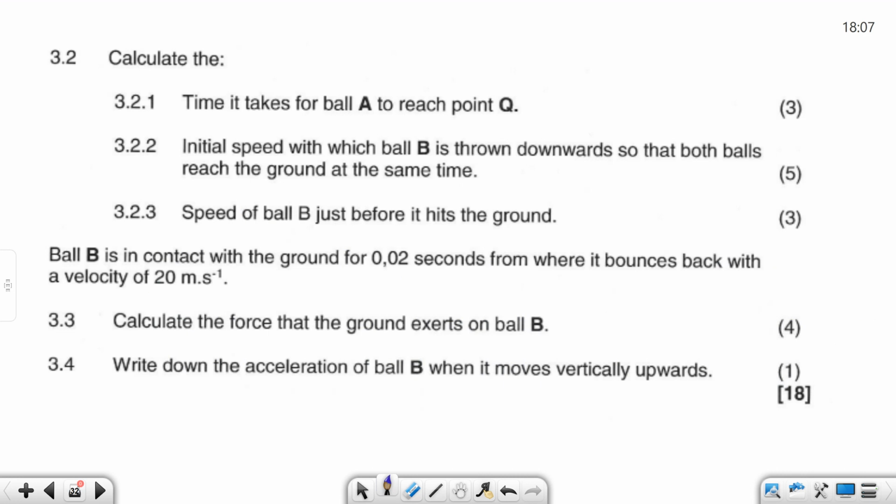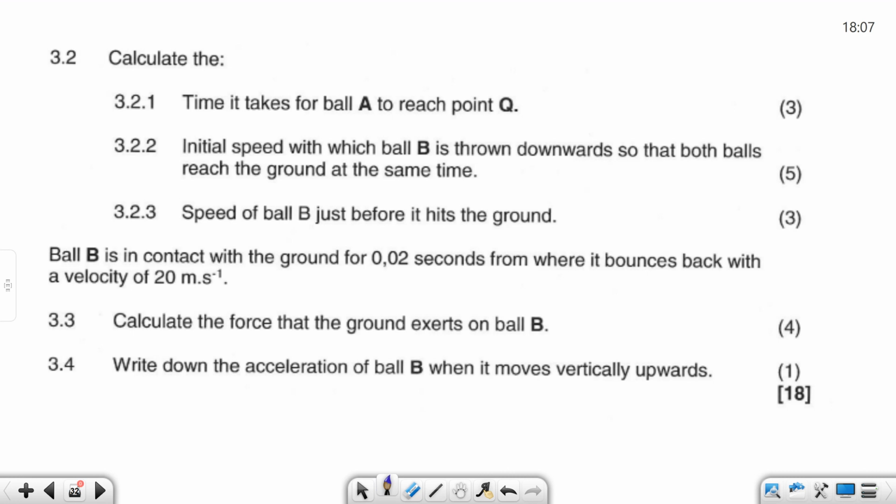What I want to say is, guys, if you choose downward as positive and the ball bounces upward, please don't change your direction. Just keep it that way. You have said down is positive.